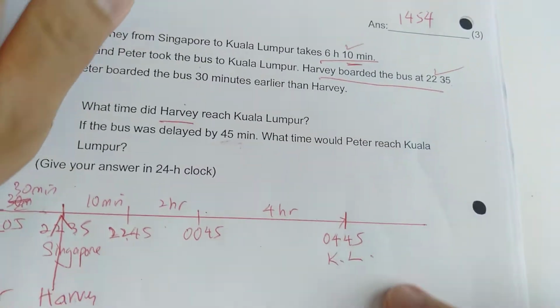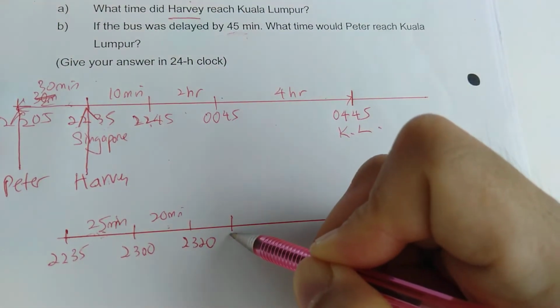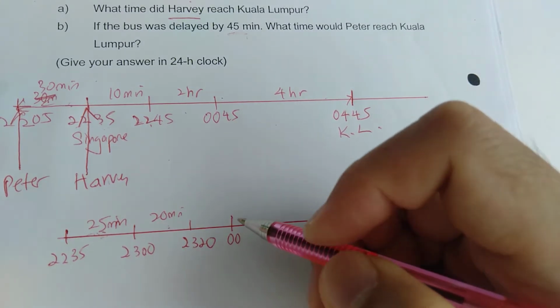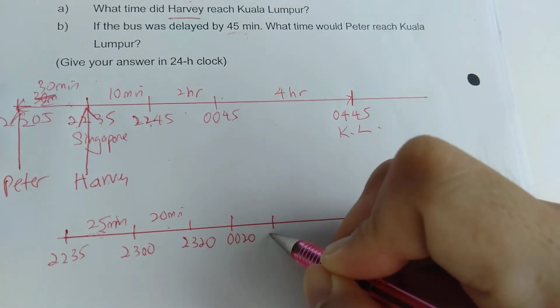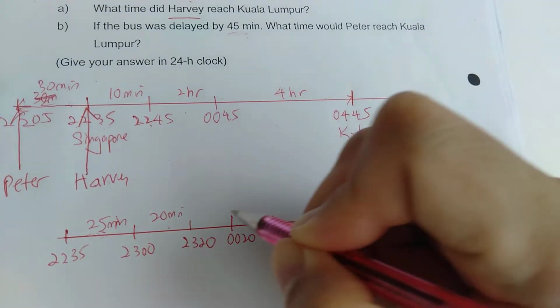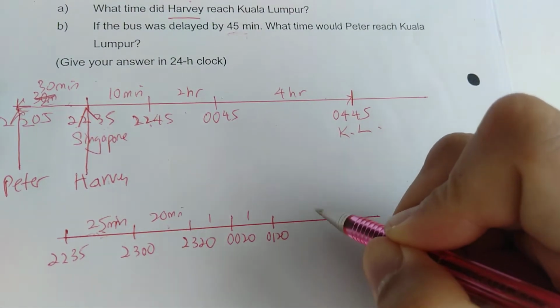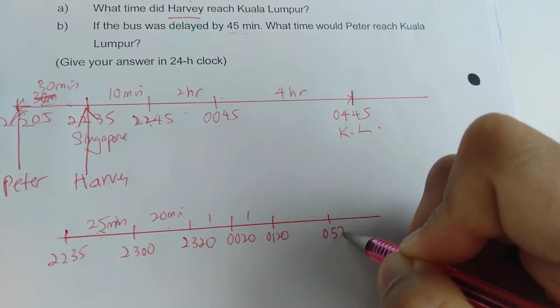So now I start to add in my 6 hours. After 1 hour, it will be 0020. After 2 hours, 0120. We need to add 6 hours, so after another 4 more hours, it'll be 0520.